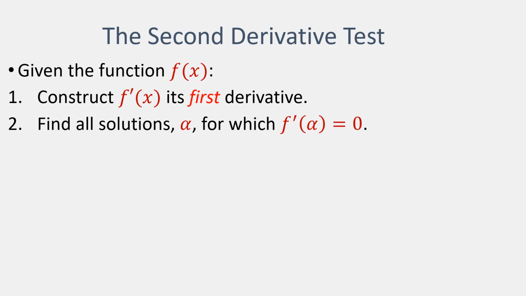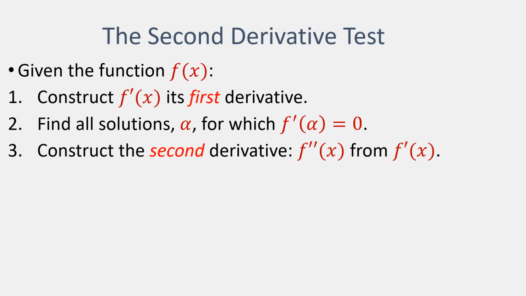And then we find all of the cases, all of the input values under which the first derivative takes the value 0. The next thing, we form the second derivative of our original function. In other words, we form the first derivative of the first derivative of our function f. This is called the second derivative.